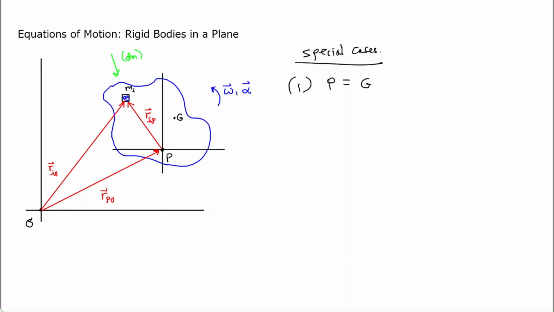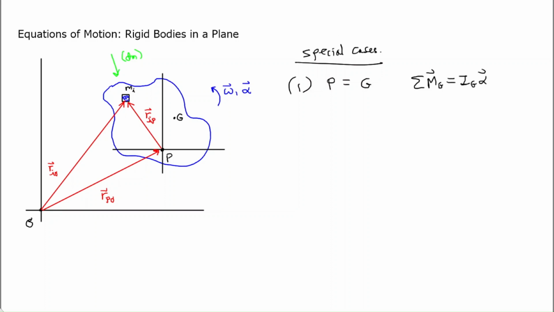So the first one, if the point in question, P, just happens to be the centroid, then you get a very simple looking formula. Sum of moments about G equals I sub G times alpha. Okay, what happens is the R sub GP term that you would otherwise have in that boxed formula from a minute ago, R sub GG, is just 0.